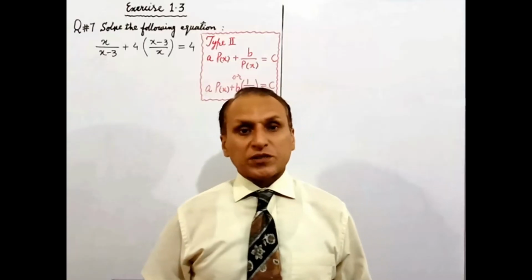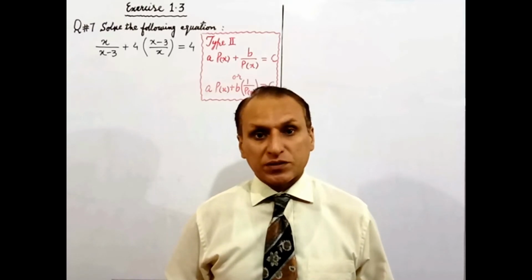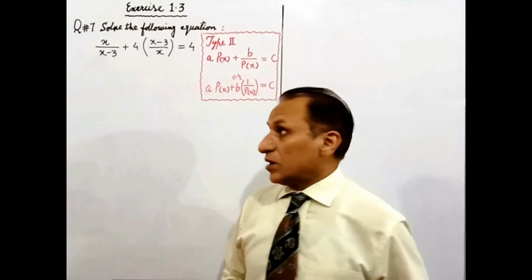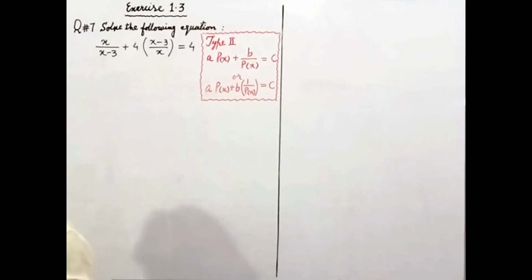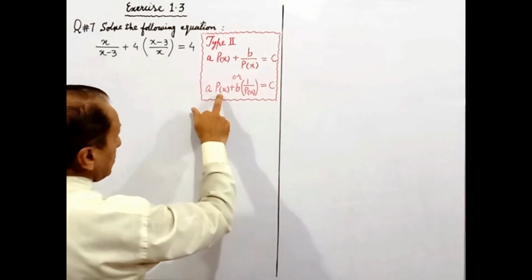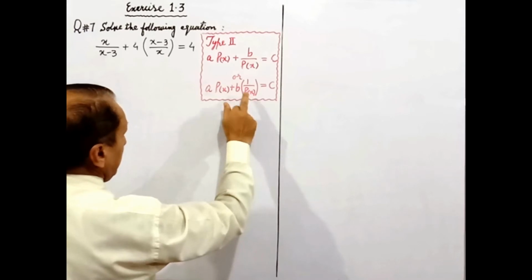Let's do another question of type 2 equation in which we reduce this given equation into quadratic form to find its solution. In this kind of equation, we have a polynomial in the first term and its reciprocal in the second term.